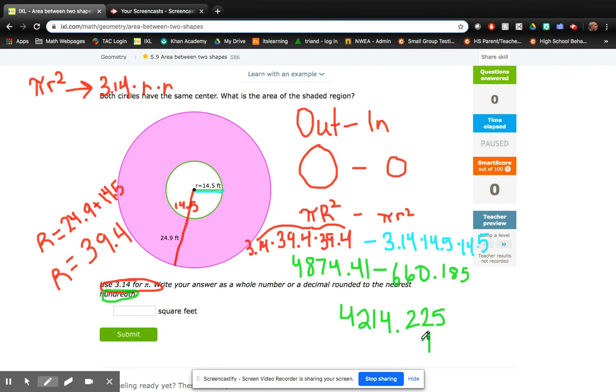So here's my hundredths place, and 5 rounds the 2 up to a 3, right? So when I type this into IXL, I'm going to type this.